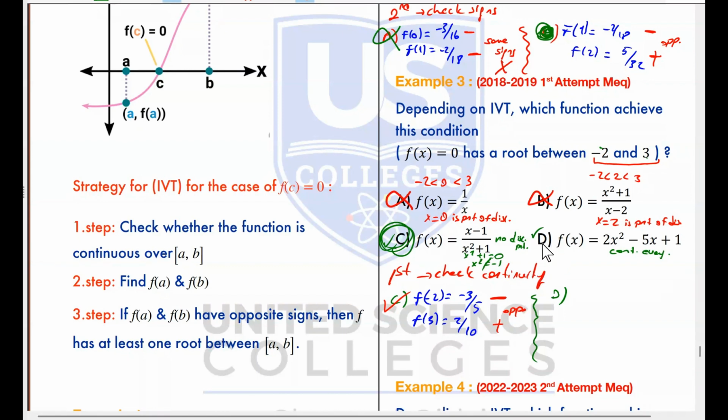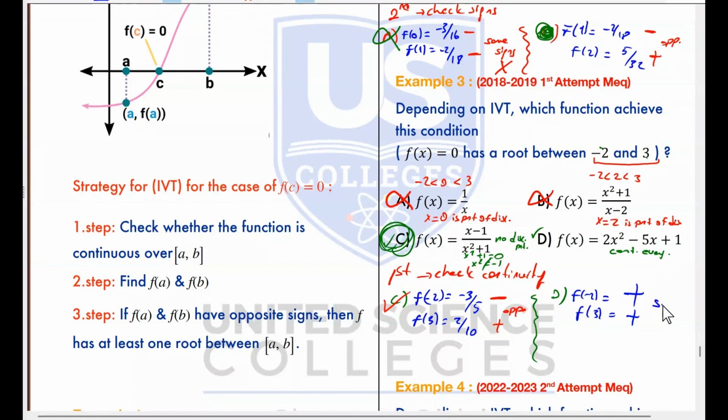Just to show you, let me do D. F of negative 2: negative 2 squared, 4, 4 times 2, 8, 8 minus 5 times negative 2, 10, 10, 8, 18, plus 1, 19, so the result is positive. F of 3: 3 squared, 9, 9 times 2, 18, 18 minus 5 times 3, 15, so 3 plus 1, 4, which is also positive.